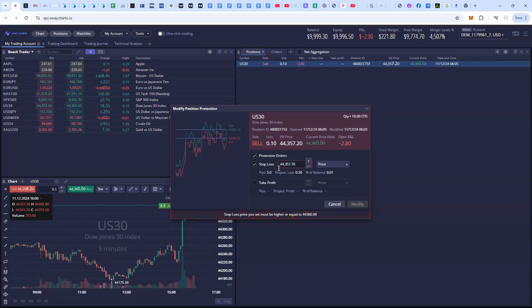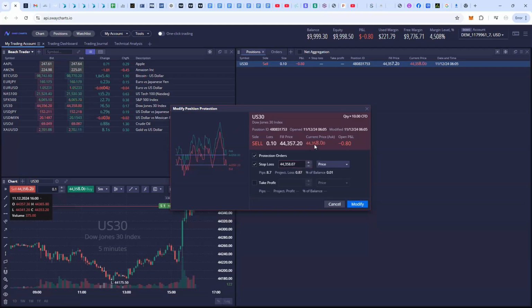So for a stop loss, when you're trading for it to sell, you got to make the stop loss be a higher amount. So you're going to push plus, and you can see, right, the projected loss, 9 pips would be 90 cents.